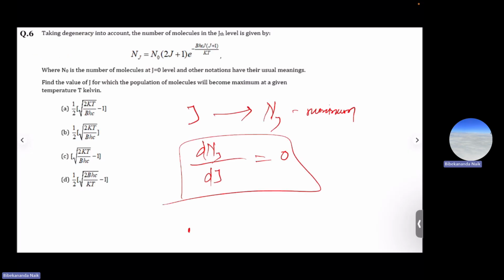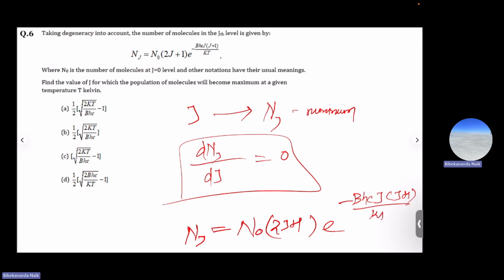Now let's calculate dnj by dJ. So nj is n0 (2J plus 1) e to the power minus BhcJ(J plus 1) divided by kT.